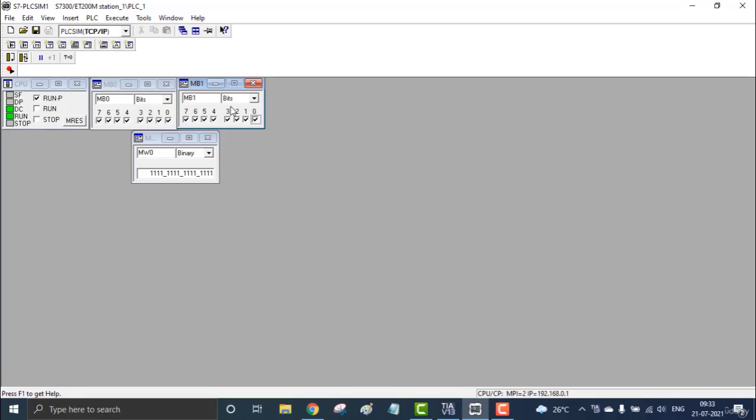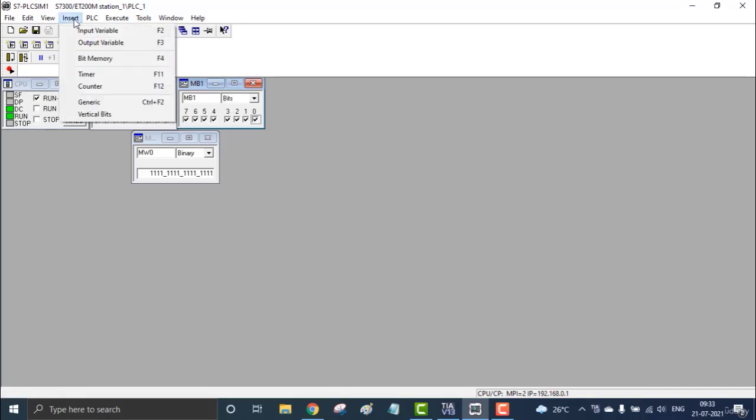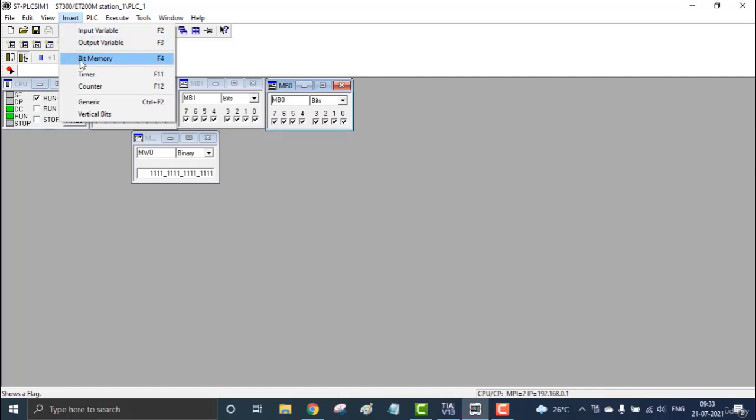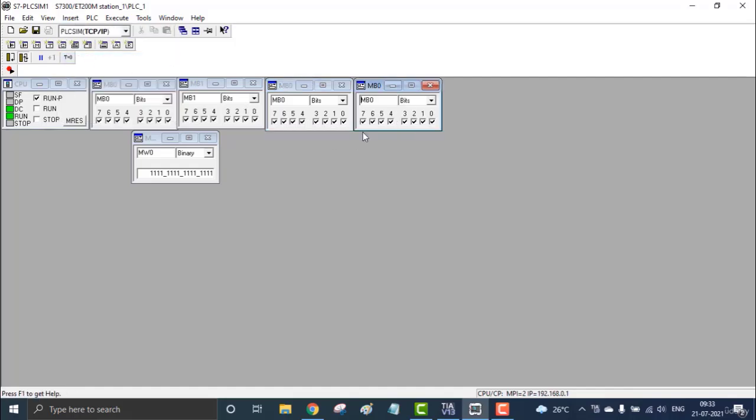Let's see what happens if I combine the other memory bytes like MB2 and MB3. Inserting the variables MB2 and MB3. I'm going to make another memory word for the combination of memory bytes 2 and 3.